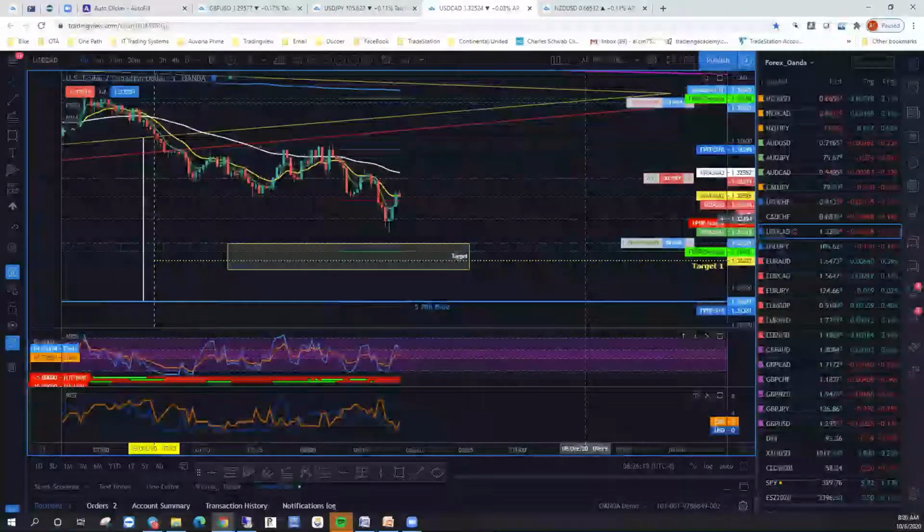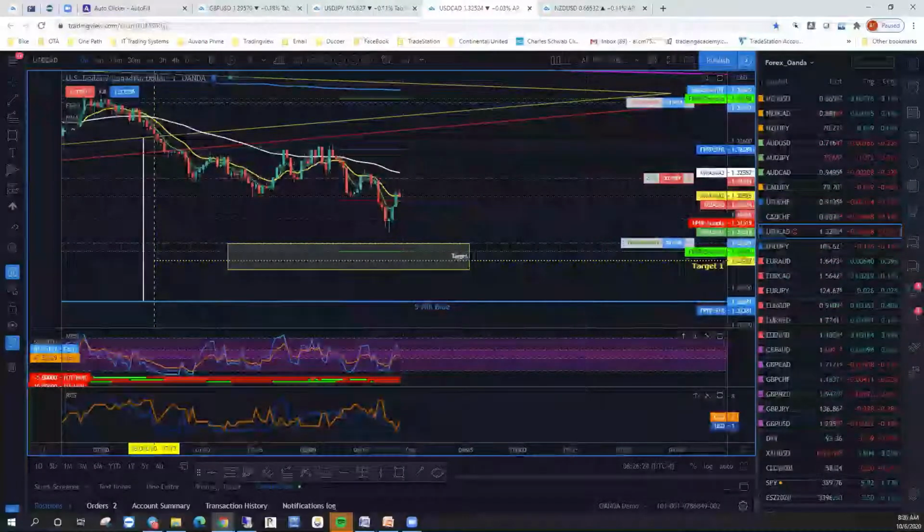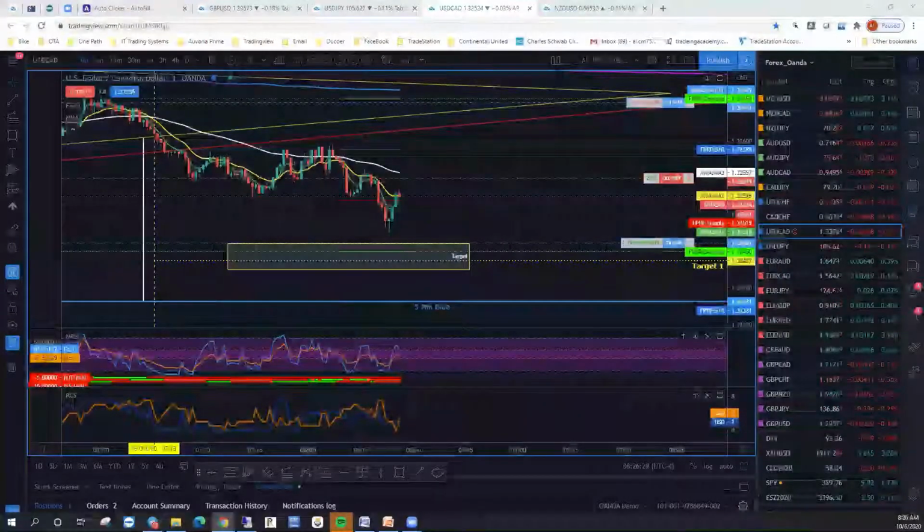I say this is just a pullback, and we're going to keep on coming down. It might turn around at 1.3255 and come down, but we'll see.